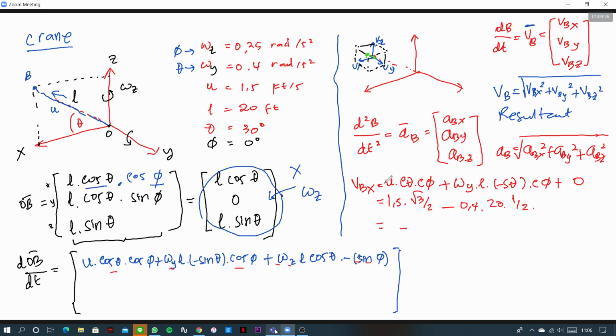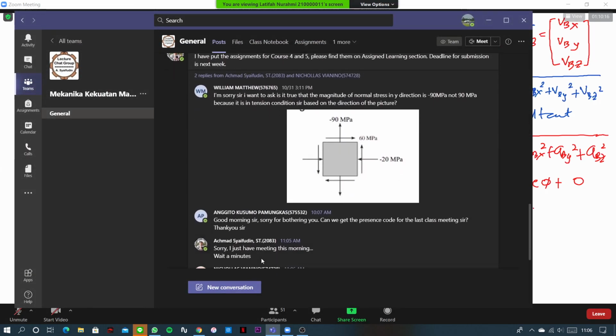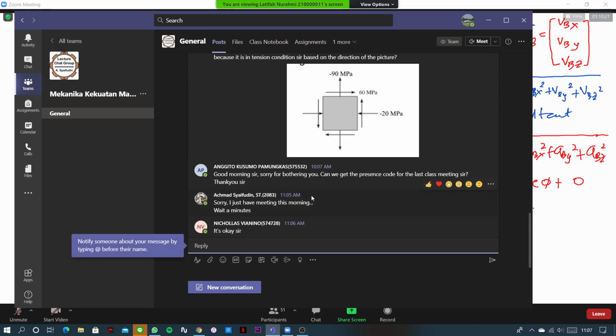So we don't really care whether u is minus, so we have to put minus in the beginning, and so on. We don't really care about that. If the final result gives you minus, then it means deceleration. If it gives you positive, then it is acceleration.